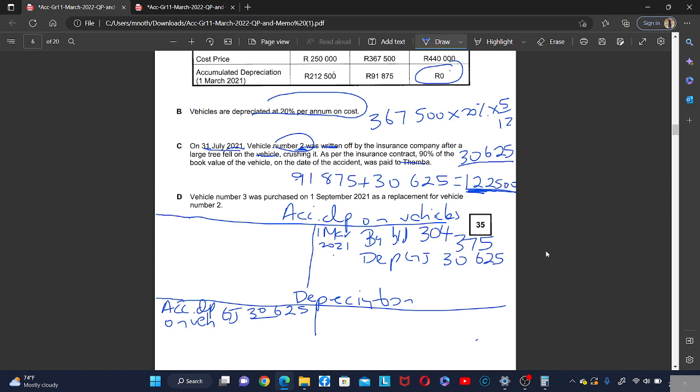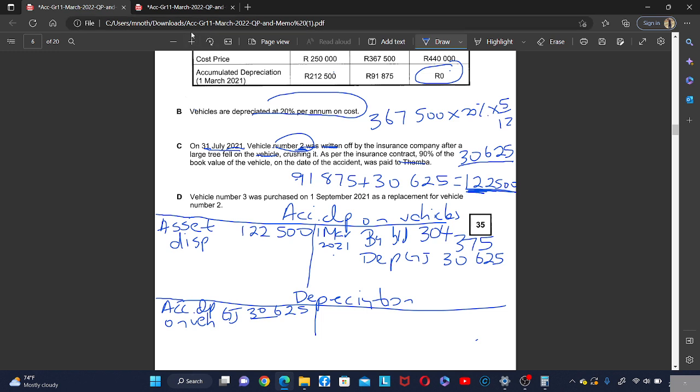To get rid of it, we must decrease the accumulated depreciation. We know that this 122,500 is included here on the credit side, so we need to debit it so that we can decrease the accumulated depreciation. Because this information is about an asset that the business is getting rid of, we must transfer it to the asset disposal.